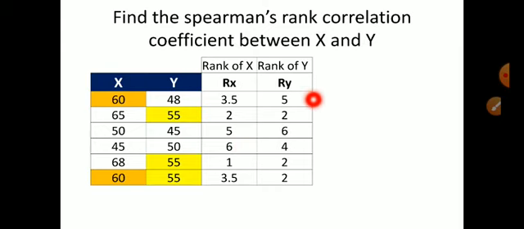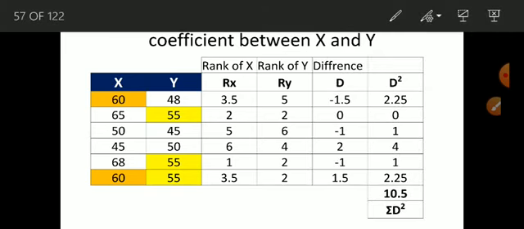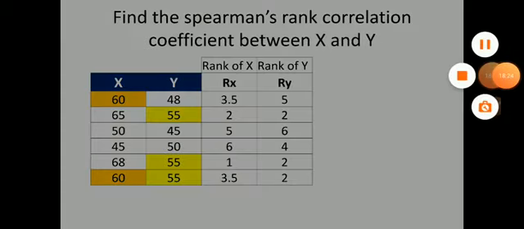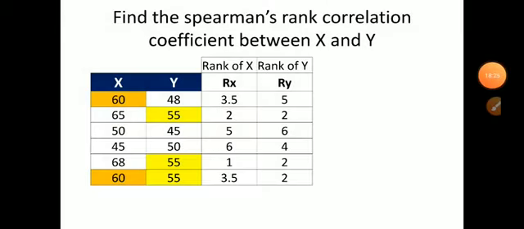Similarly, in the y series, everything is repeated, that is the first, second and third ranks are being repeated. Then we have to take the arithmetic mean of first, second and third, that is 1 plus 2 plus 3 divided by 3, we get 2 as the average.